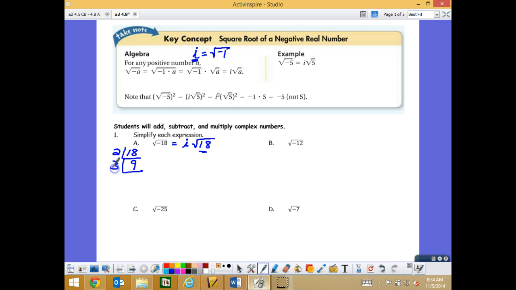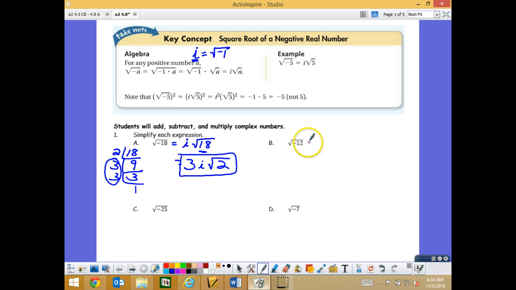Prime number that goes into 9 is 3 times, 3 and 1. And remember, you're looking for a pair. So whenever you have a pair, it goes outside with the i, and then whatever's left over goes inside. So 3i square root of 2 is how the square root of -18 simplifies.